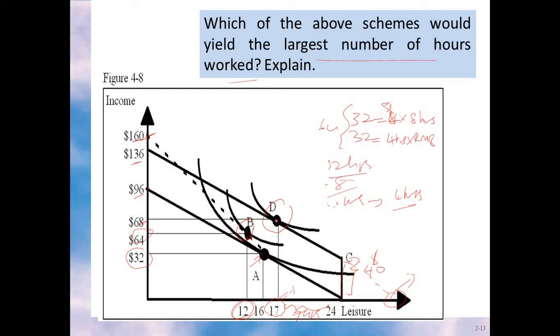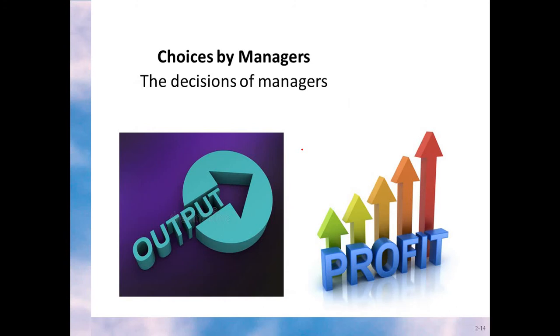What happened is, you can get even more than those who are working 12 hours, but you are working fewer hours. So you can guess the best scheme will be B, to get the largest number of hours worked. Alright, so that is choices by workers.